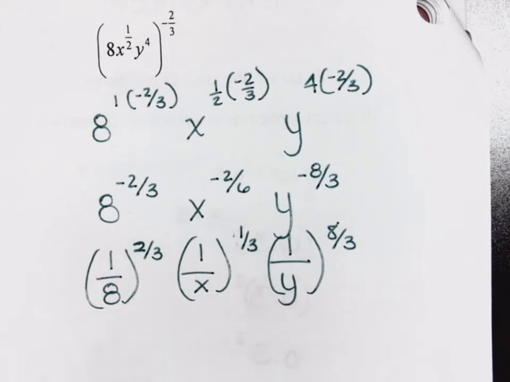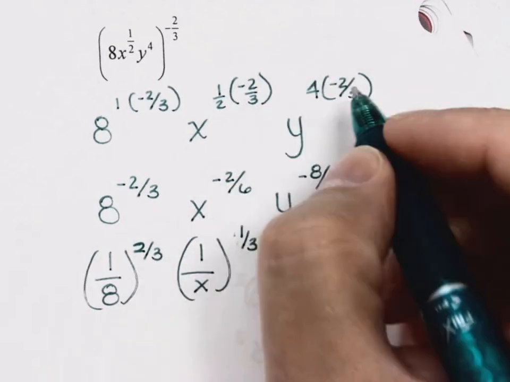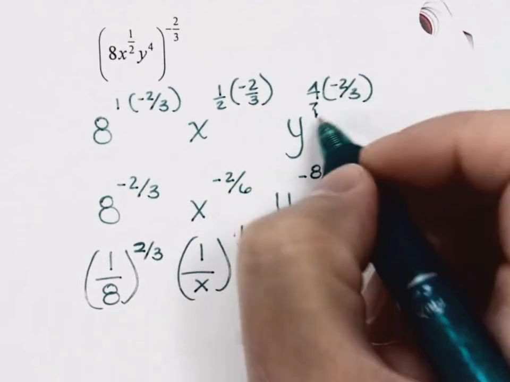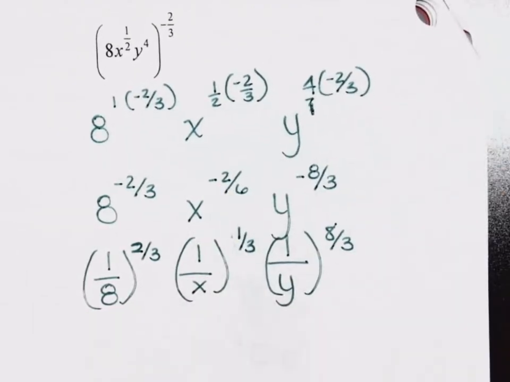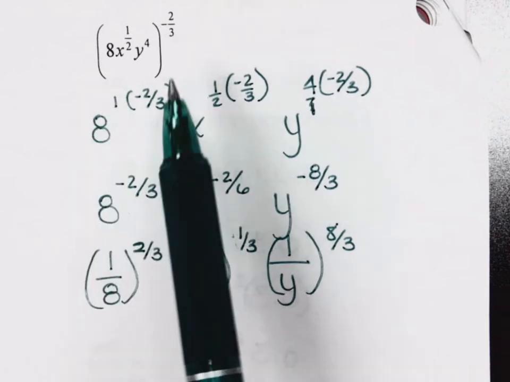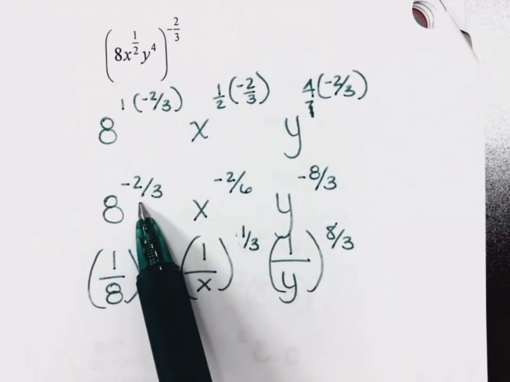So all I did was the same thing I did on the other question. I multiplied that exponent through the brackets. I multiplied it by the exponent of every part in the brackets. Fractions, it's just numerators times numerators, denominators times denominators. So this one's 4 over 1. Anything times 1 is itself.